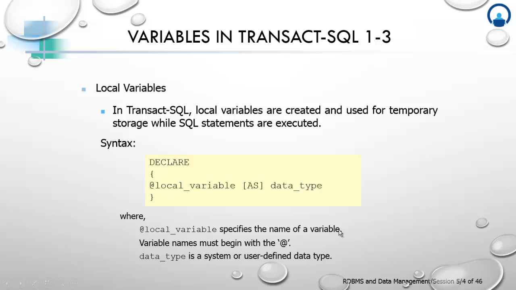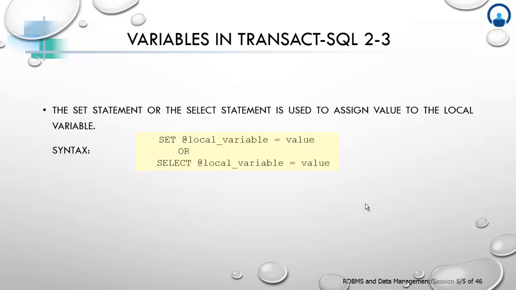The variable name must begin with an @ symbol. Data type is a system or user defined data type. The SET statement or the SELECT statement is used to assign a value to the local variable. For example, SET @local_variable = value, or SELECT @local_variable = value.